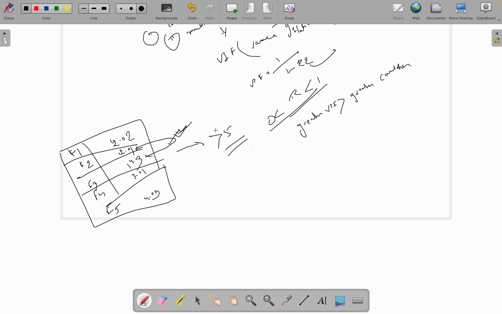between these two. Okay, so what we do is we drop one of the features with the high VIF, and then we run this again.